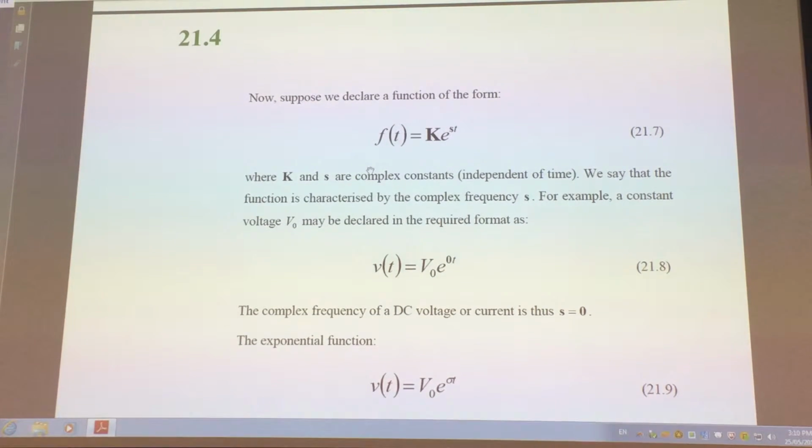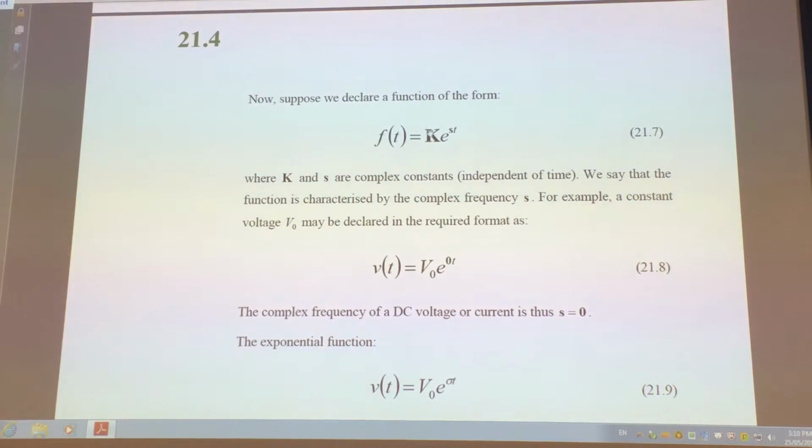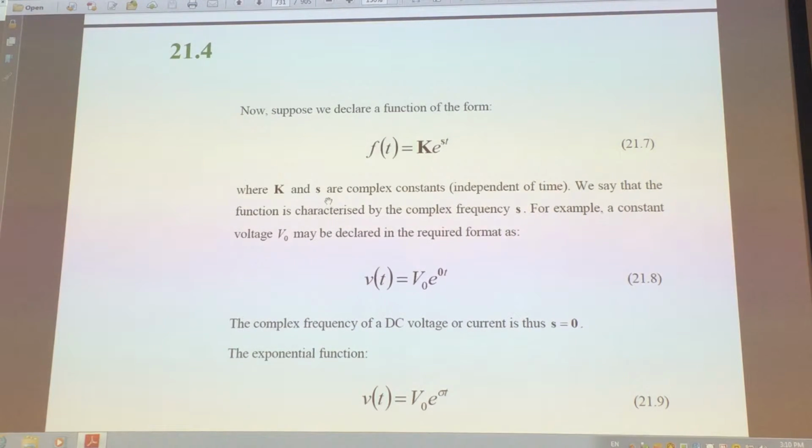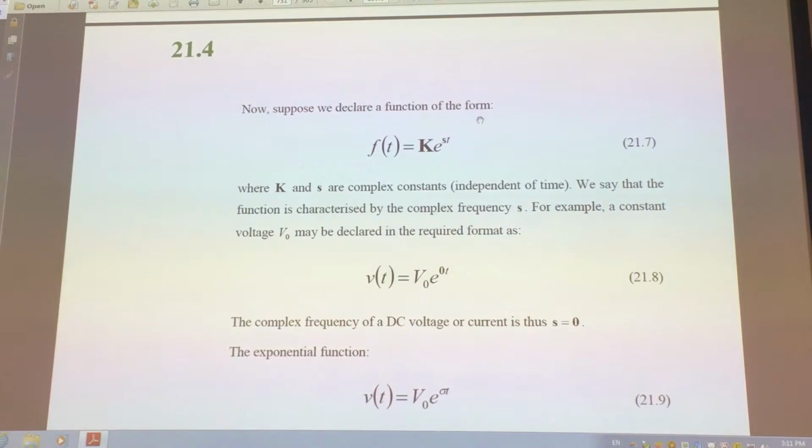We can start by declaring a function K e to st. K is bold here because it's a complex number. S is also bold because it's a complex number. So we have something that is very similar to the real expression, but it has complex constants here.